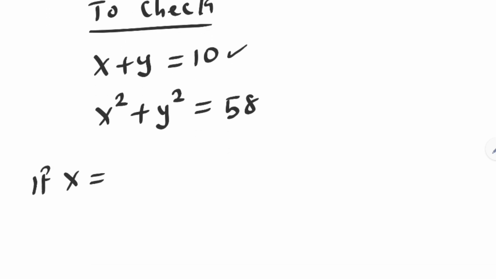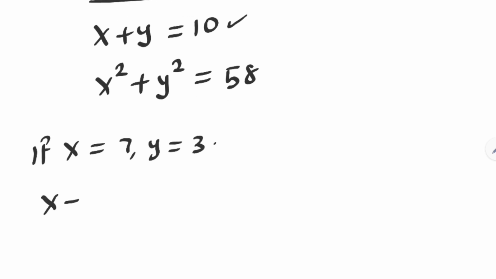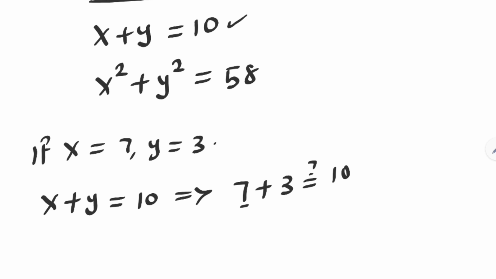If x is equal to 7 and y is equal to 3, we have x plus y is equal to 10. This can be written as 7 plus 3 must be equal to 10. And of course, 7 plus 3, this is 10, is equal to 10, which is true.